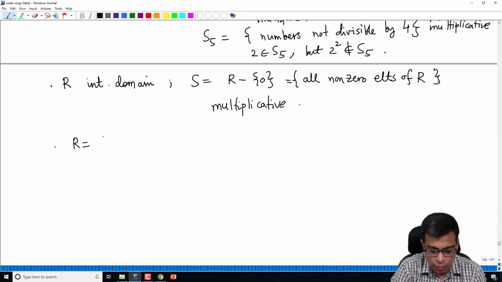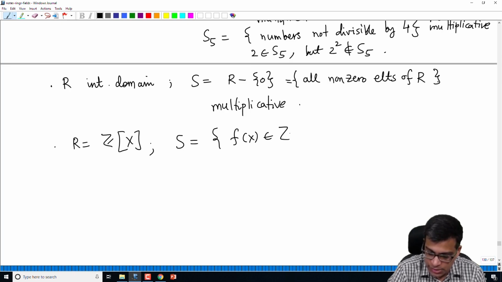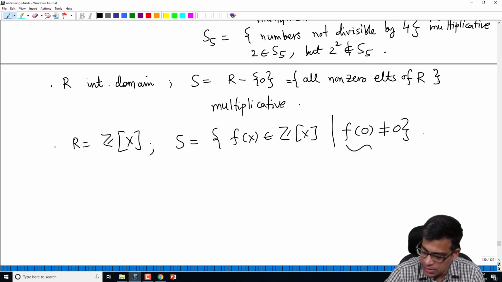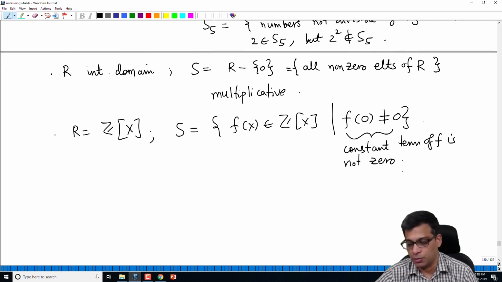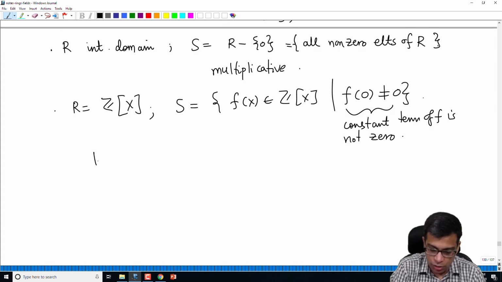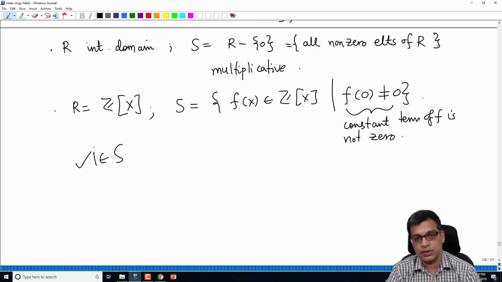One more example I will do before continuing. Let's take Z[x] and let's take S to be all polynomials f in Z[x] such that f(0) is not 0. This simply means the constant term is non-zero, because f(0) is the constant term of any polynomial. 1 is certainly in S because the constant term of 1 is 1, which is not 0.